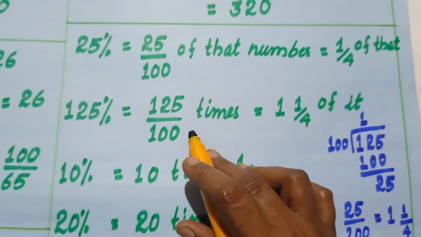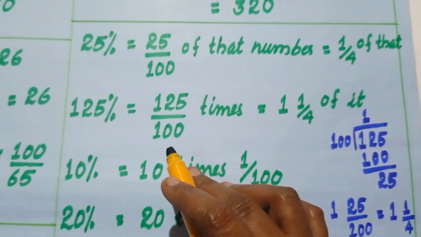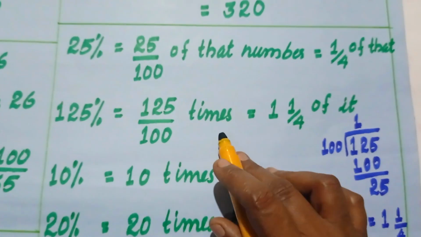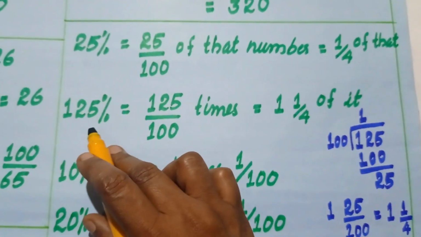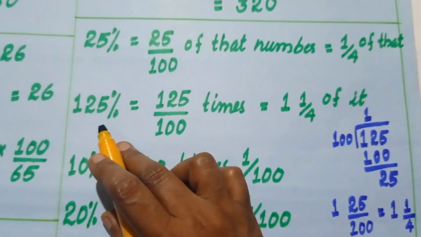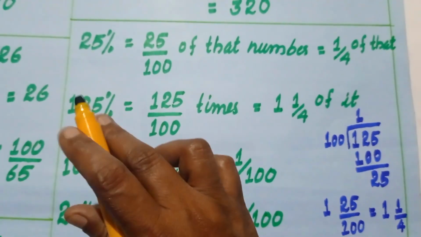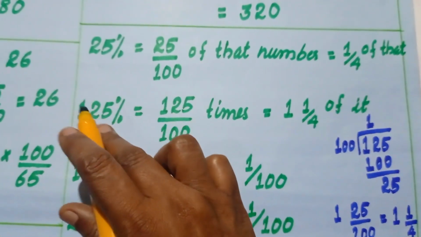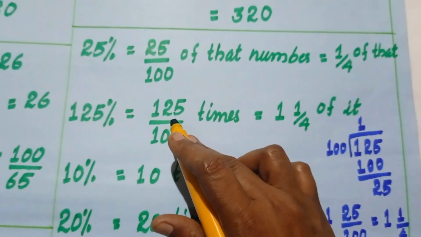125% can be written as 125 by 100 times. That is, 125 means 100 plus 25, 25% more than 100. That is 125.